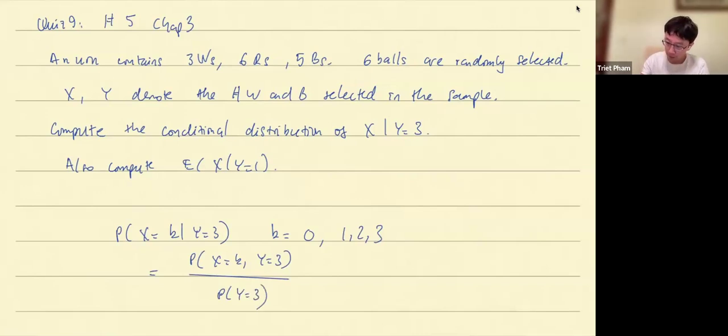Okay. So first of all, are these independent, like the previous ones we worked on? Are X and Y independent?